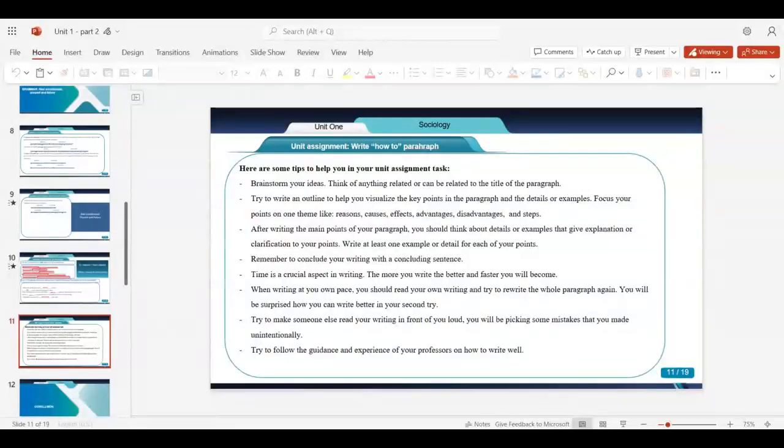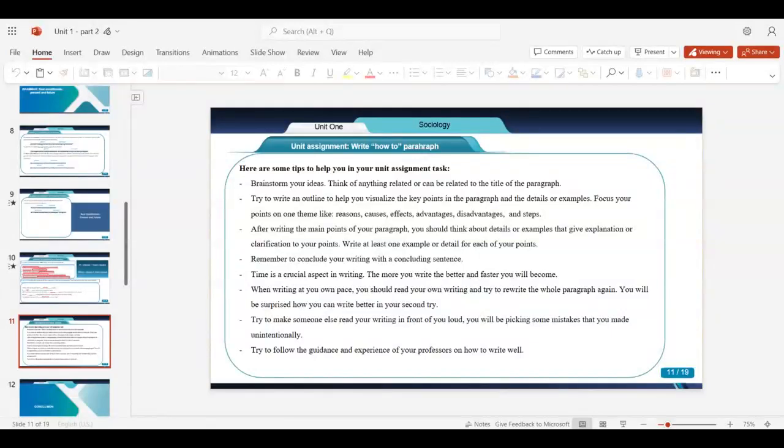We already discussed all the things related to paragraphs, and hopefully now you can write a good paragraph. Just try to follow all the steps which we discussed in this lecture, even in the previous lecture. It will help you write a paragraph.